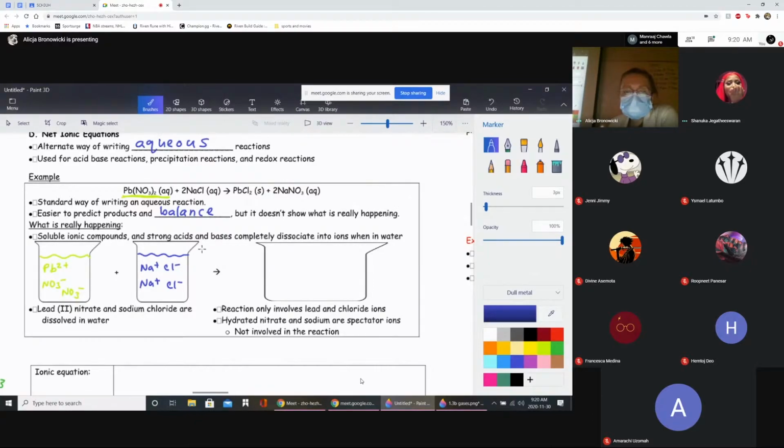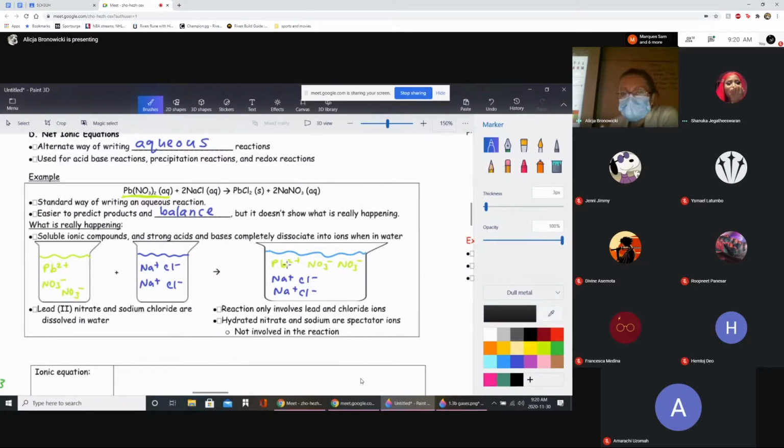Now what I do is I pour these 2 solutions together and I mix them. My lead 2 nitrate gets mixed with my sodium chloride, and I've got all these ions together bumping around.